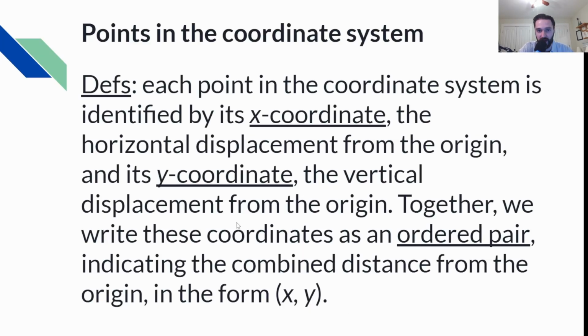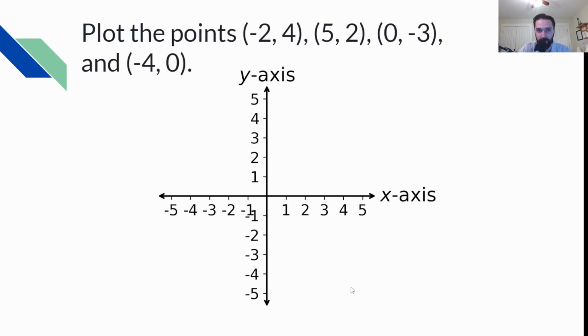So everything is measured relative to the origin, and we can use ordered pairs to describe a location.